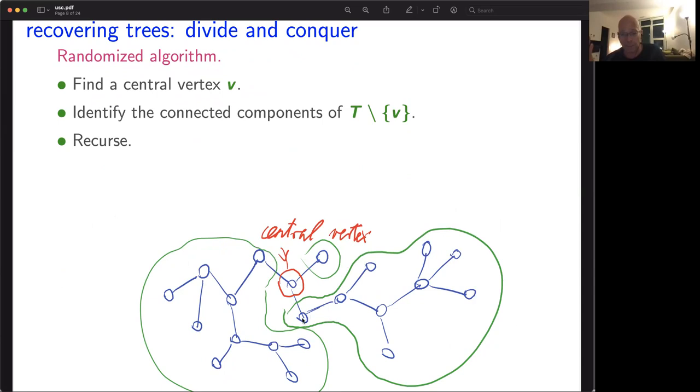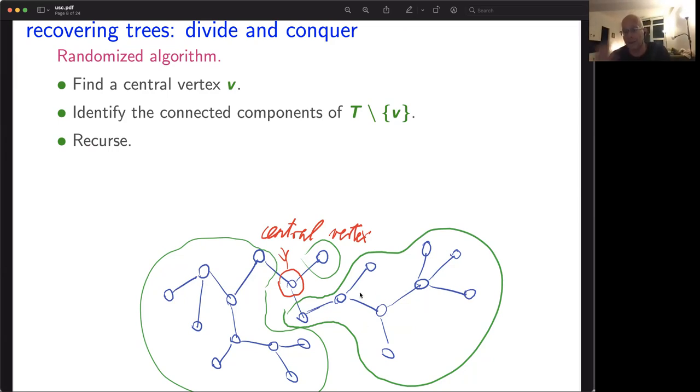We have this nice property that if we restrict our attention to this subset of vertices, then the underlying graphical model, the underlying graph, is exactly this tree, which is just a subtree. And therefore we could just go down and try to find.